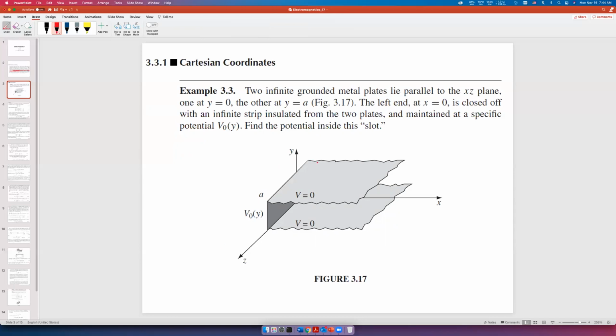Here's a figure. You have an infinite large plate at y equal to a, and another similar plate at y equal to 0. At x equal to 0, you have the potential V0, and for the two plates, V equals 0. Now you're going to calculate the potential inside the slot.